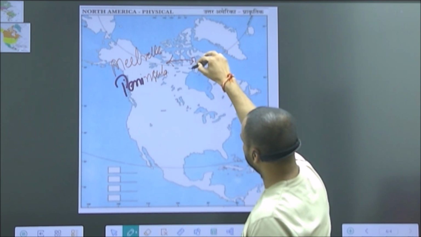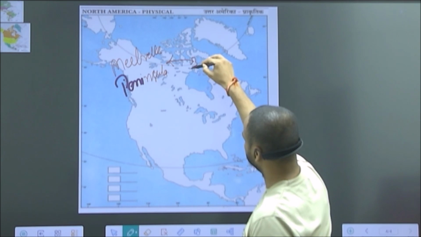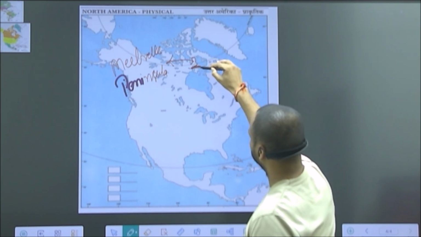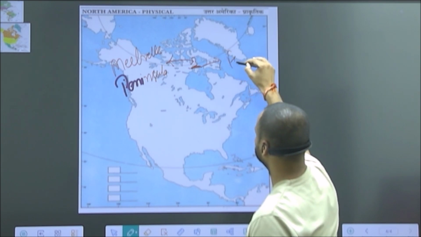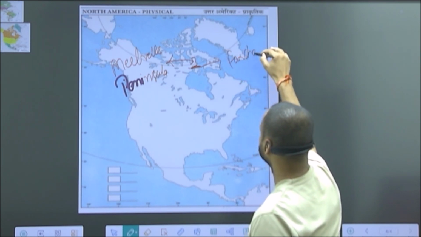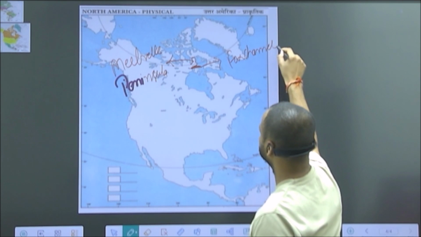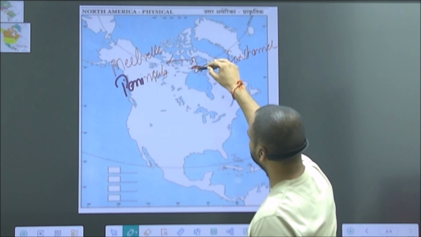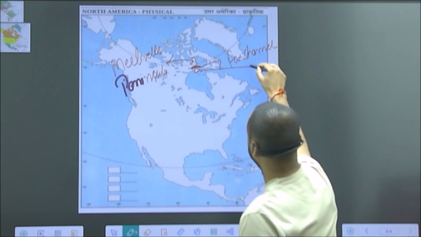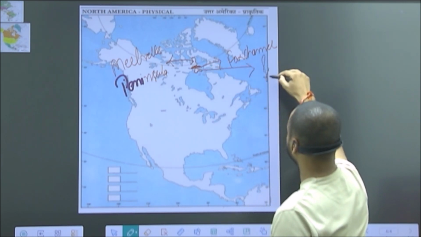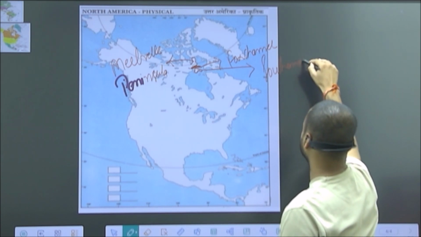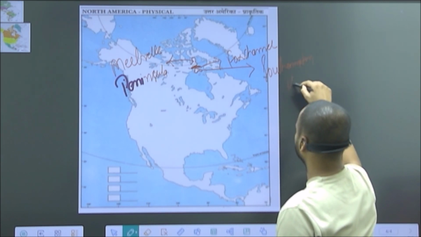Here you can see one channel, Fox Channel. This island is known as Southampton Island.